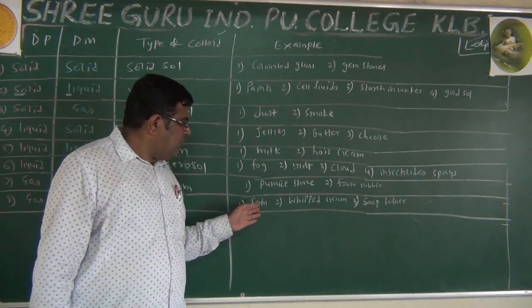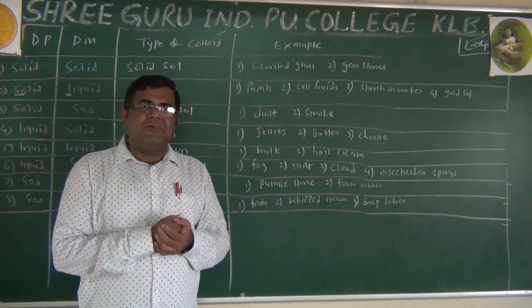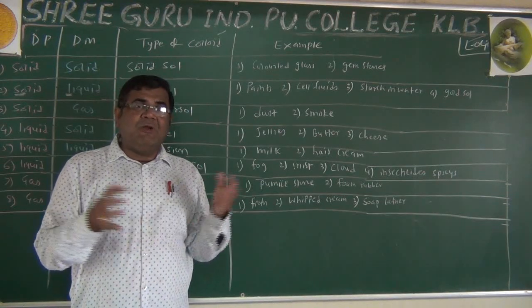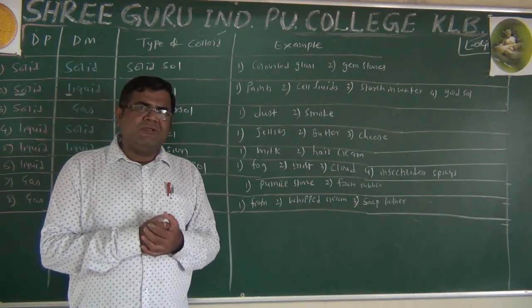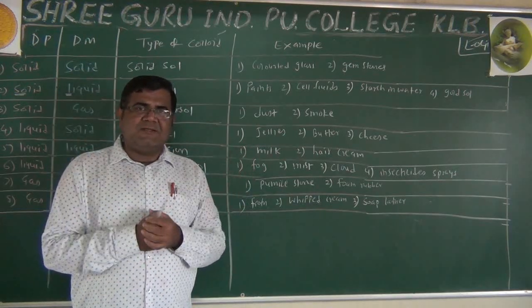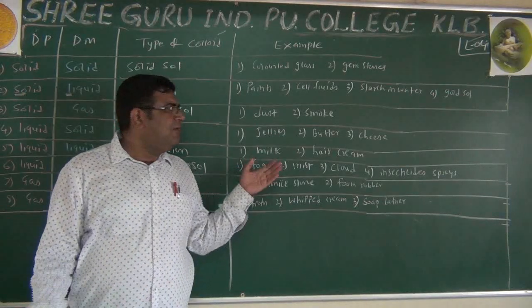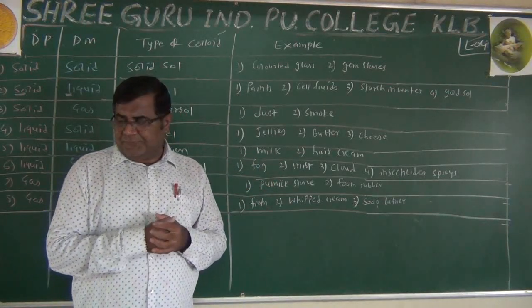Or this froth or foam, firefighting foam, they create so that fire will not spread. So there are so many examples in our daily life which are in the colloidal state.